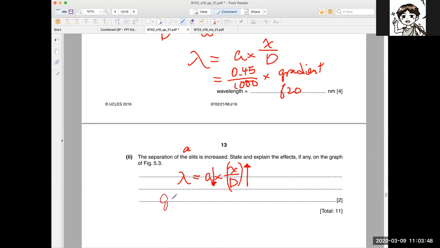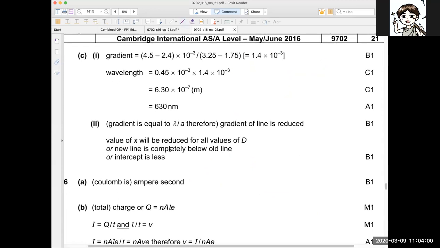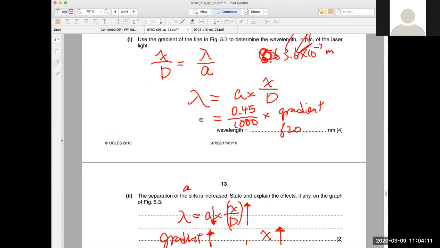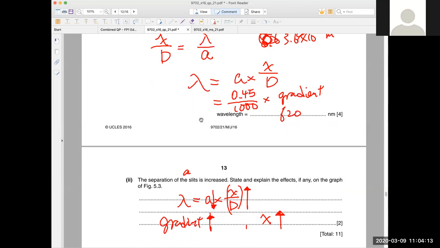So that means the gradient of the graph decreases, and the value of x will also decrease because d remains unchanged. Sir, why did the a decrease? Oh, I said a increases, okay?